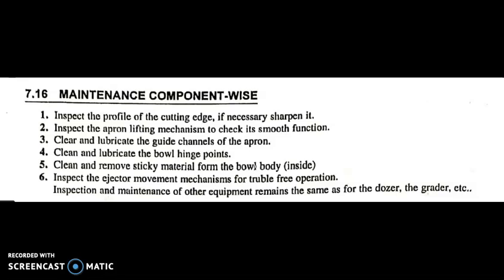Clean and lubricate the bowl hinge point. Clean and remove sticky material from inside the bowl body. Inspect the ejector movement mechanism for trouble-free operation. Inspection and maintenance of other equipment remain the same as for the dozer and the grader.